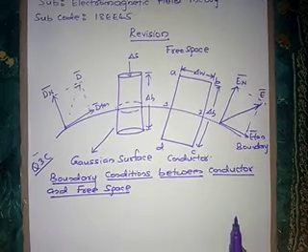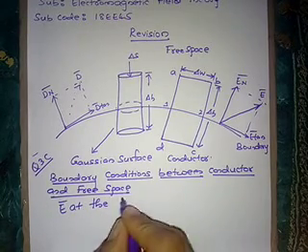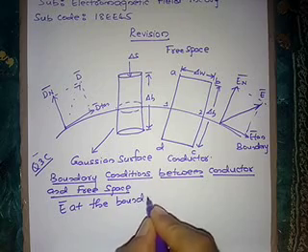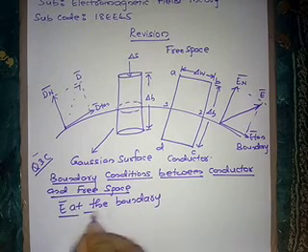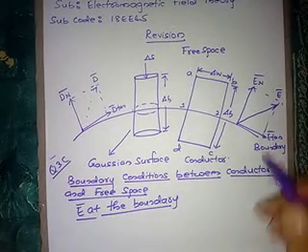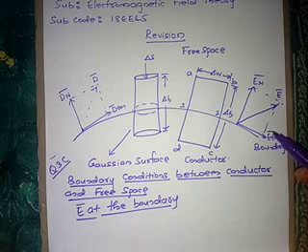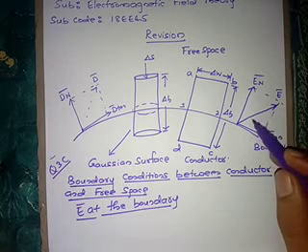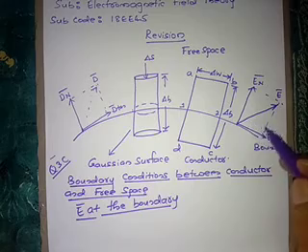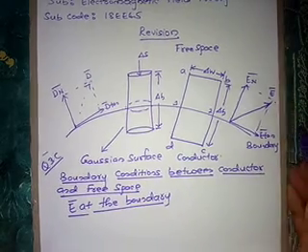The first one is E bar at the boundary. To derive this, the electric field intensity E bar is at an angle theta with the boundary.